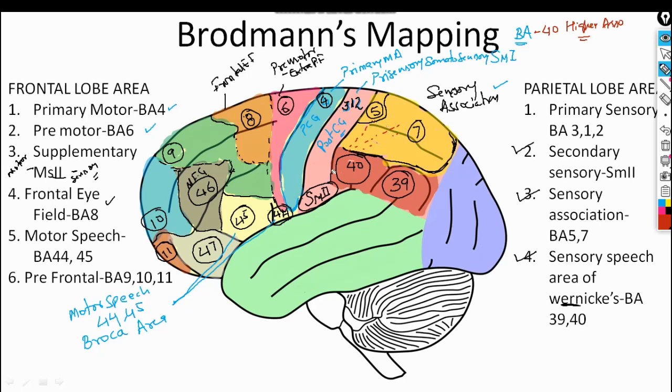So we have seen all the important areas over the superolateral surface of the hemisphere, and yet we have to see the extension of area number 4, 6, 8, and the presence of the supplementary area.